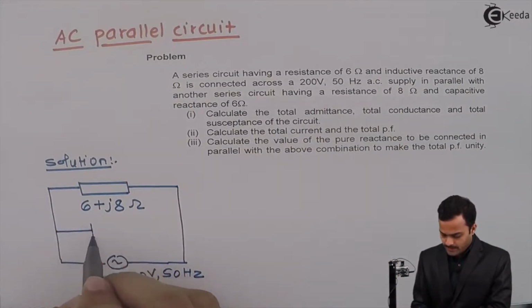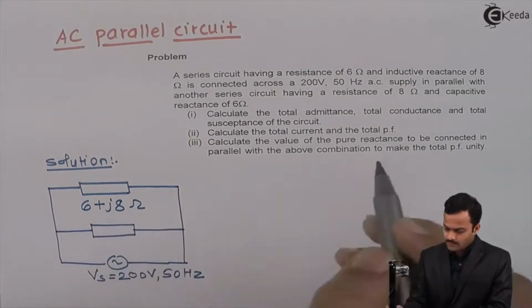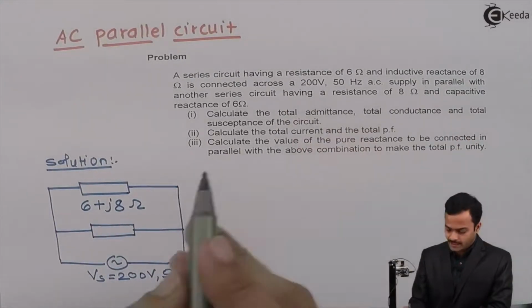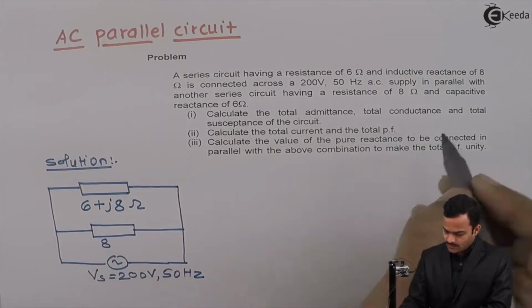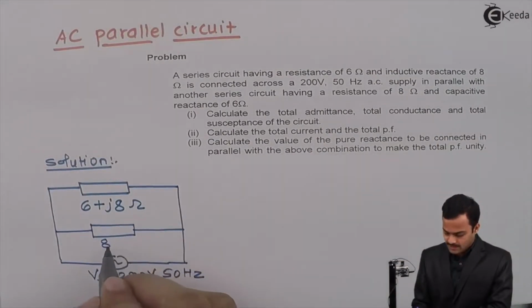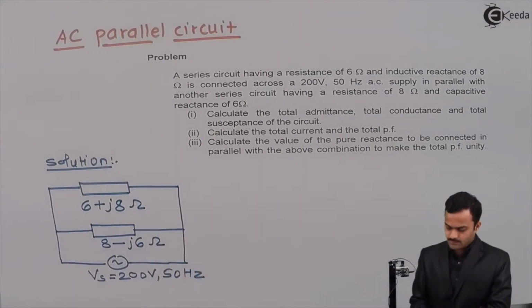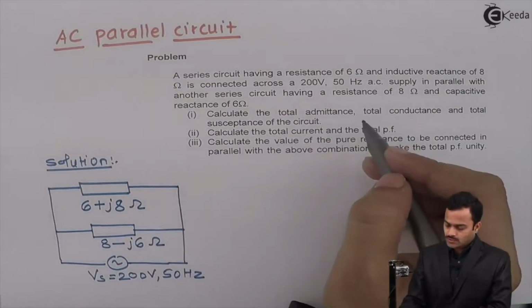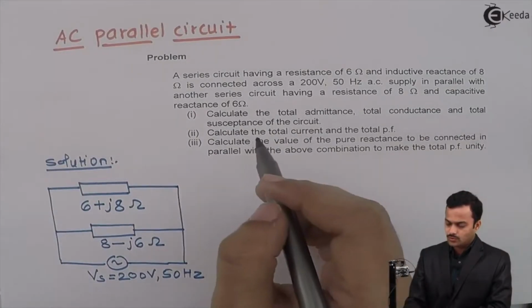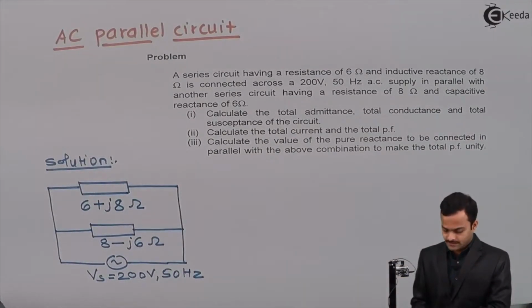So one more impedance is given, with resistance 8 ohm and capacitive reactance, so minus j6 ohm. What do we get? Total admittance, total conductance and total susceptance of the circuit.